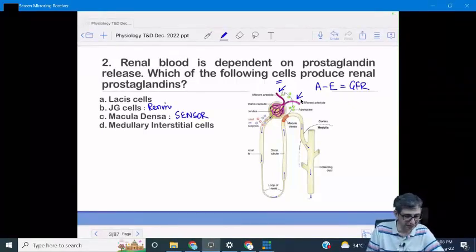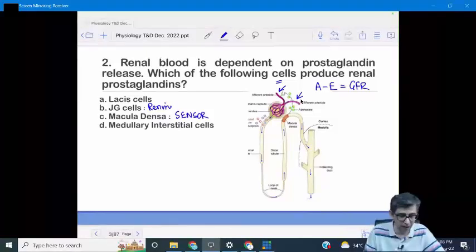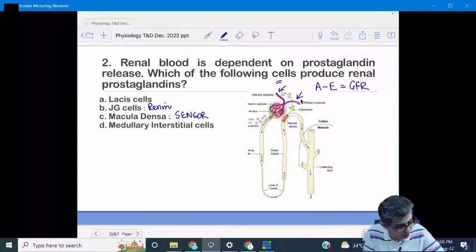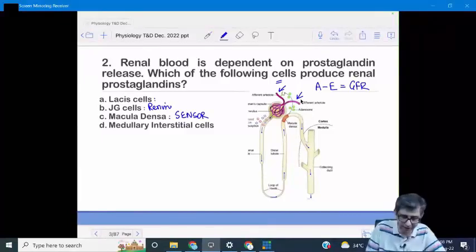Let's just see what you guys have answered. Yes, if you look at option number A versus option number D, then the point is, okay, somebody mentioned S also. Lacis cells are interstitial cells. But where are these interstitial cells located?